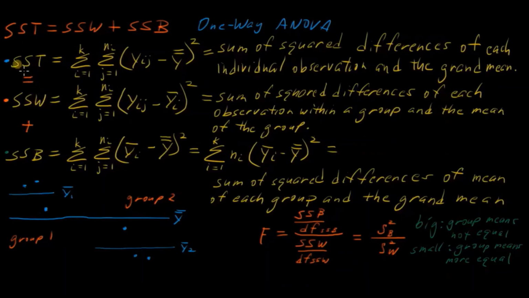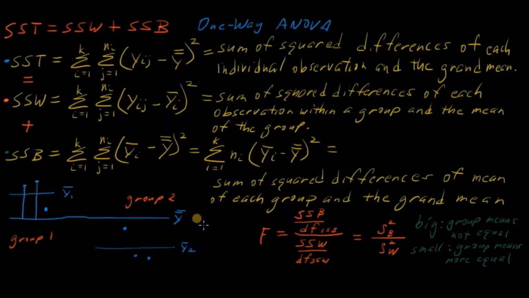I color coded the total with a blue dot, and really what we're doing here is taking every individual observation of every group and relating it to the grand mean.